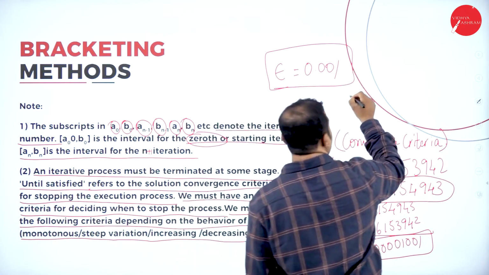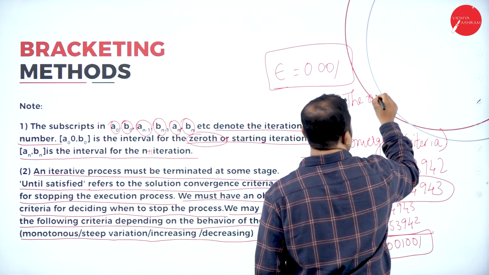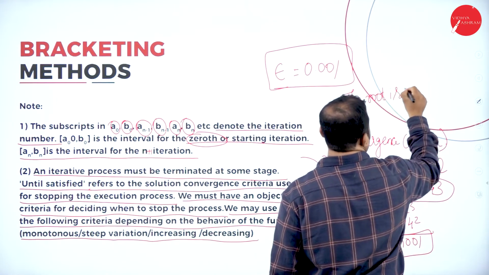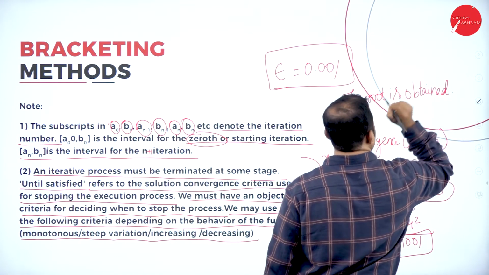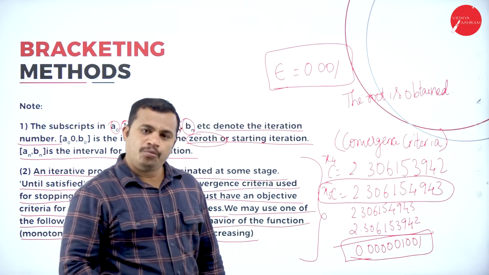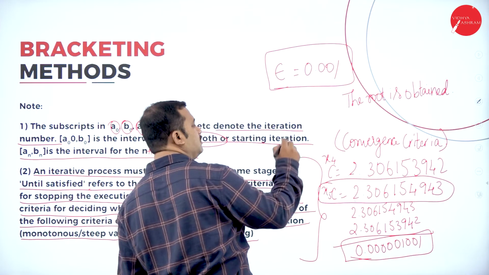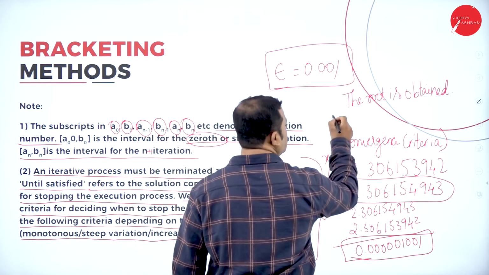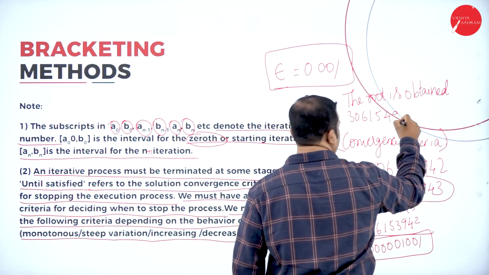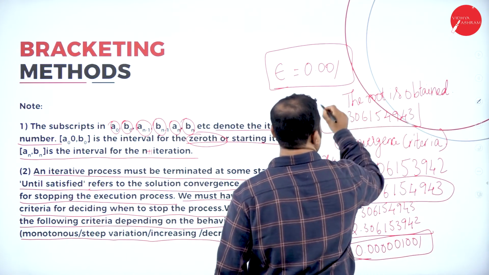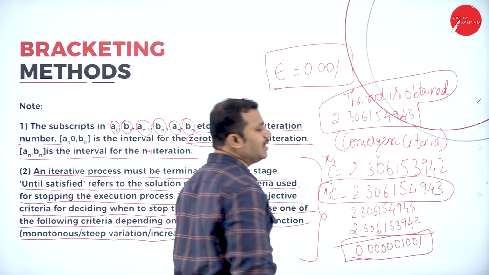Then I say that the root is obtained. That is, what is the root of the equation? 2.306154943 is the root of the equation. This is what I am going to state now.